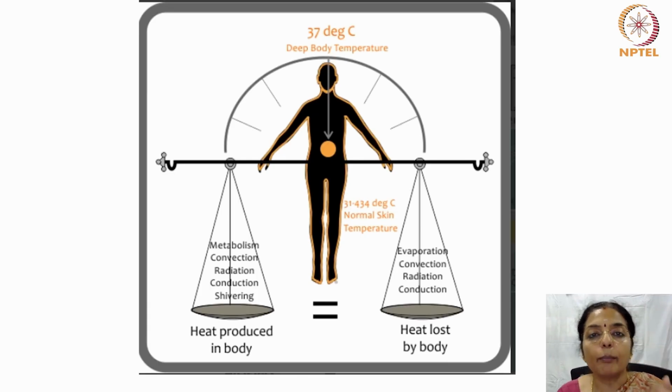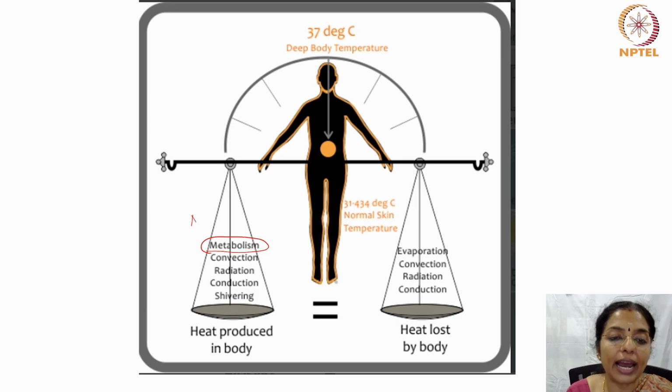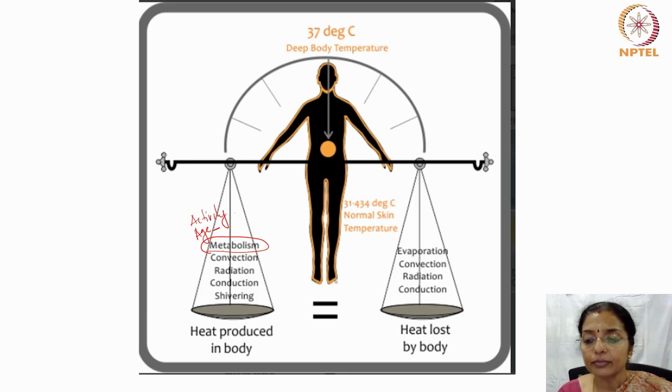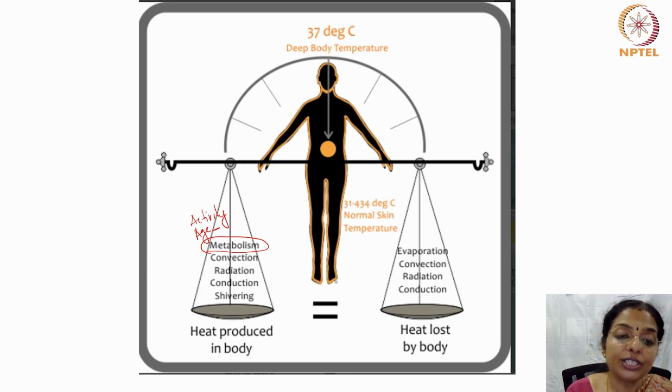So, the body heat equation is that the metabolic heat that you produce by virtue of your activity, because of your age. By age, what I mean is even to breathe, even to do your daily activities, even in a sedentary place, you require some energy, you emit some heat. Your gender too.